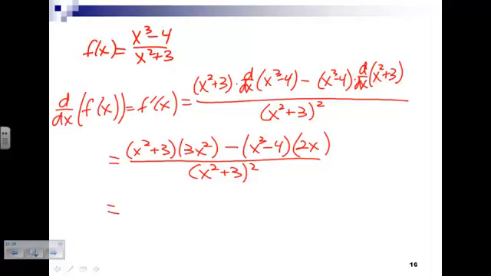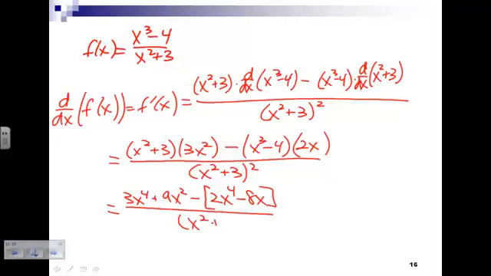And now we've got to distribute and clean it up. x squared times 3x squared is 3x to the 4th. 3 times 3x squared is 9x squared. Minus, and remember this is going to be minus everything that's a result of that second product, so minus 2x to the 4th minus 8x.